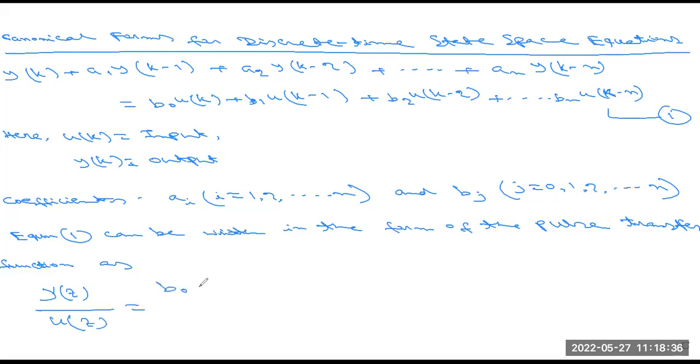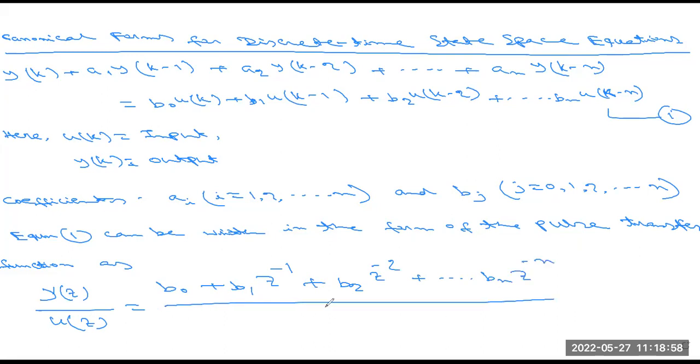So this is b0 first, plus, we express this pulse transfer function in the z transform method, b1 z inverse plus another term, b2 z to the power minus 2, plus dot dot, bn z to the power minus n, divided by 1 plus a1 z inverse plus a2 z to the power minus 2 plus dot dot, plus an z to the power minus n.